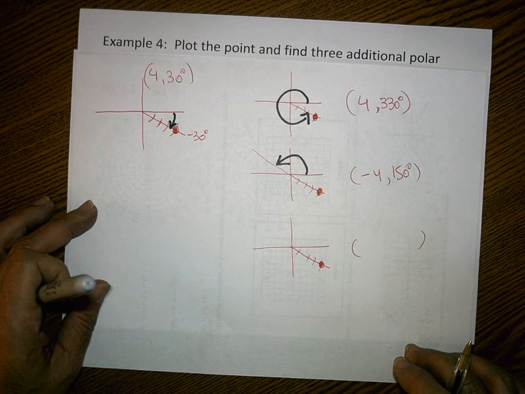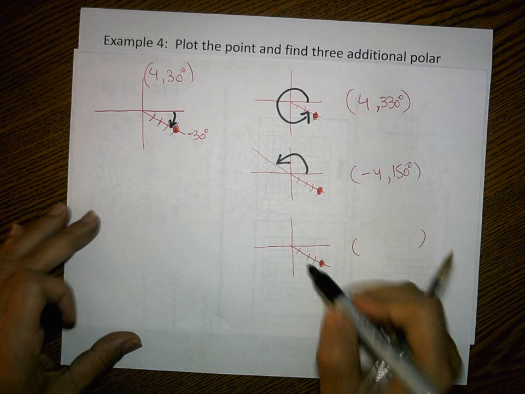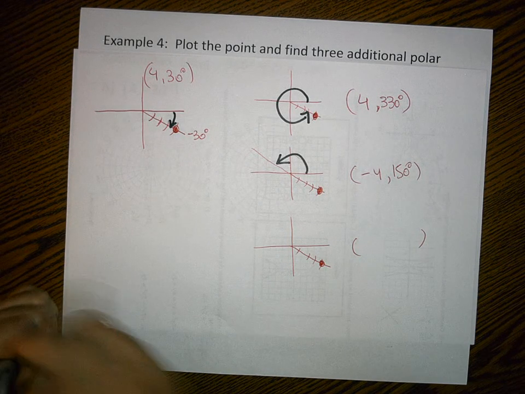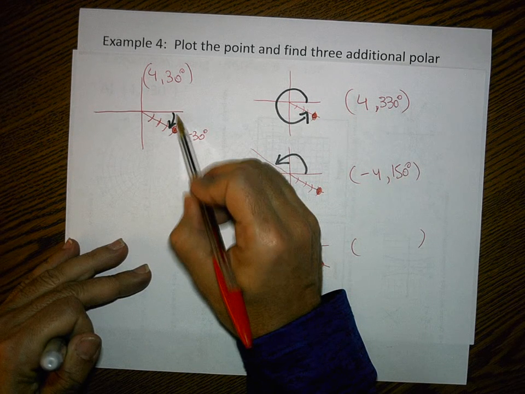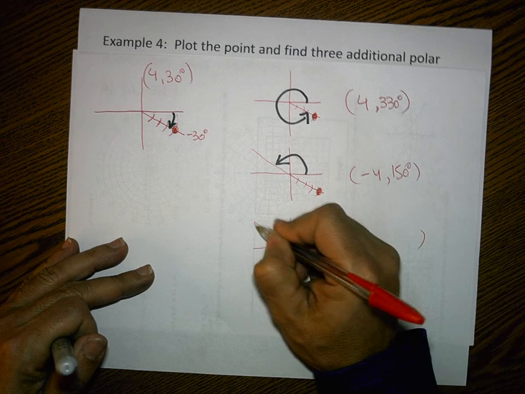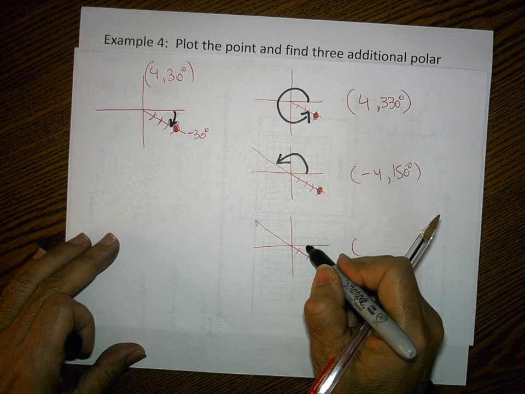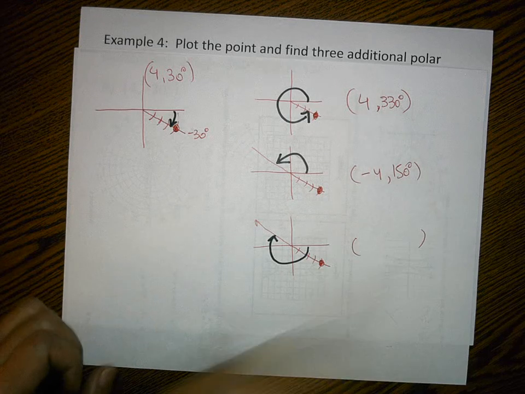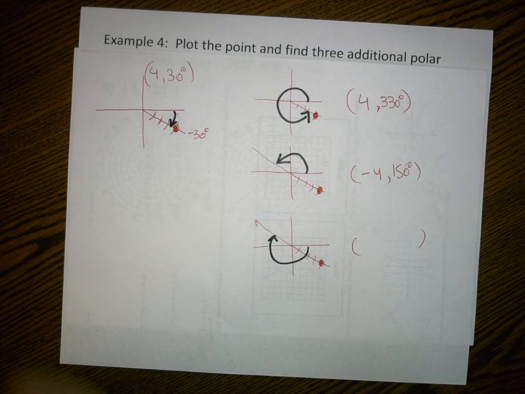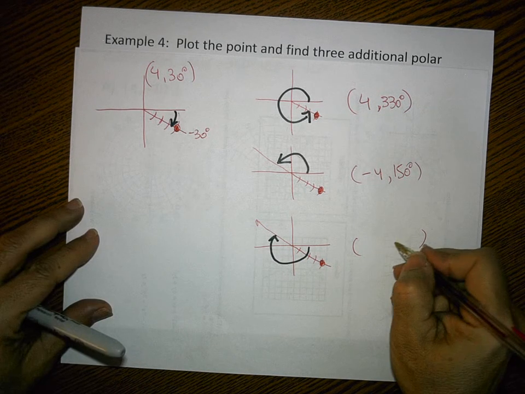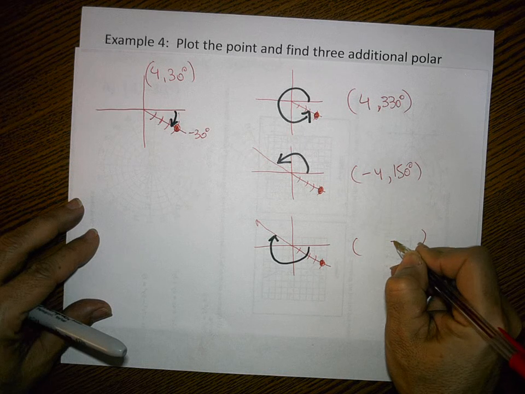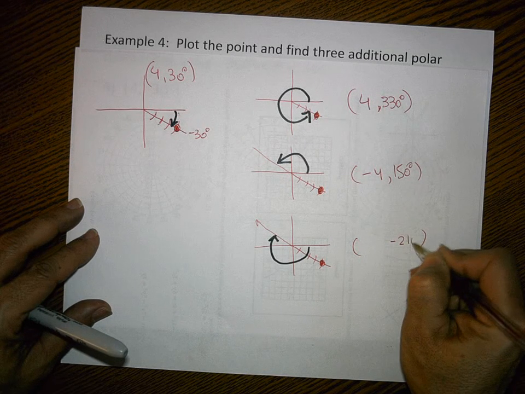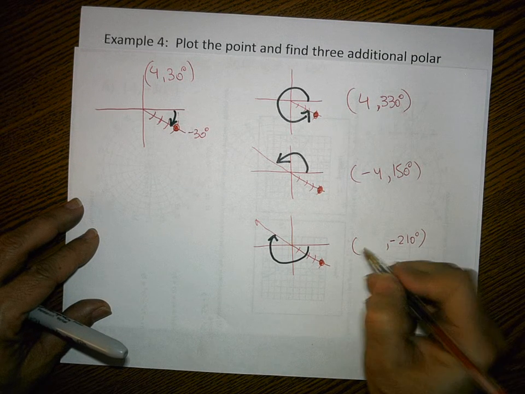How about we go in the negative direction but bigger? There was a small negative direction here. Let's see if we can arrive here. How about if we go right here? What would that be? Negative 210, right? So negative 210, comma, I have to reflect it over, negative 4.